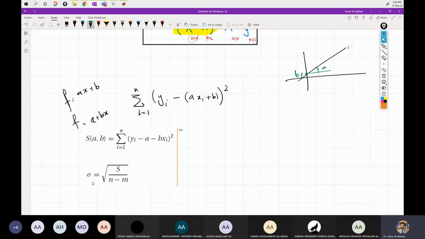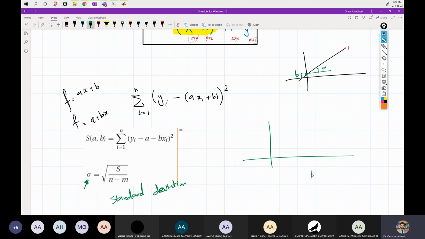It's the same procedure. Over here, what do we have? Sigma. What does that represent? The standard deviation. Okay. Right, so physically, what does it represent?